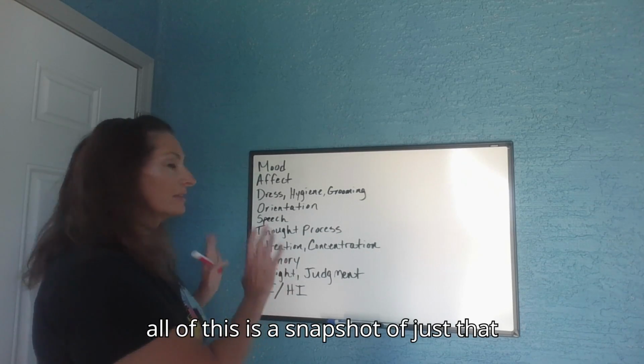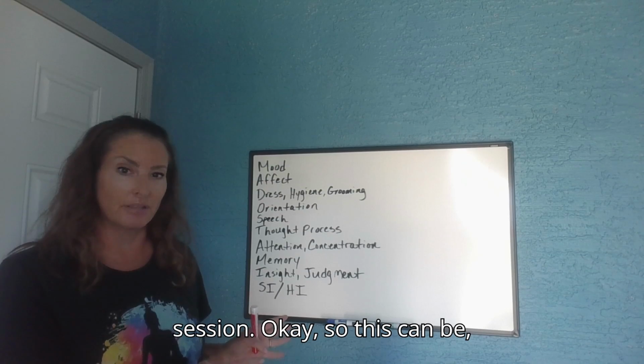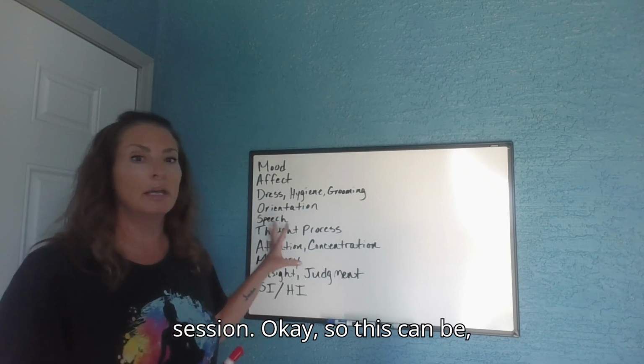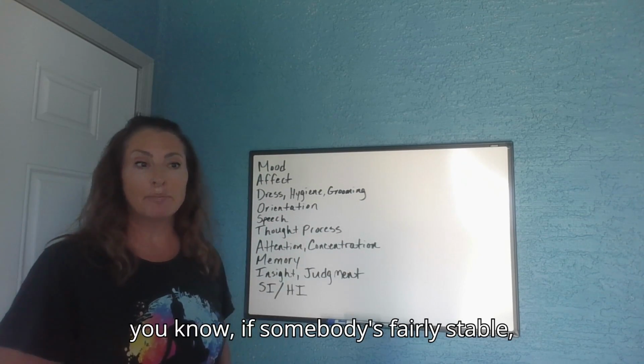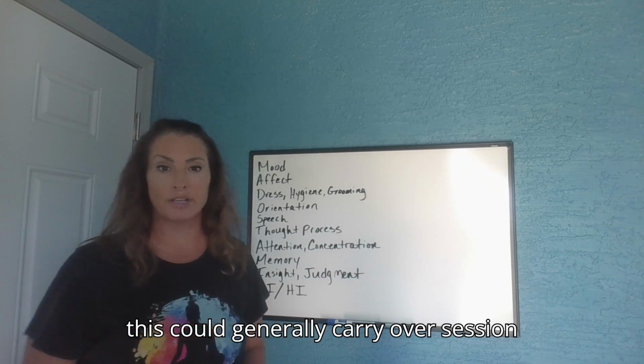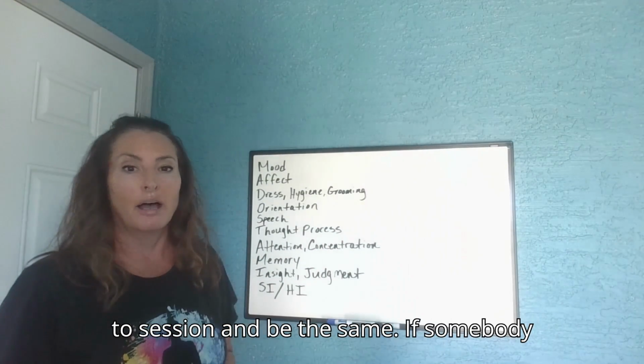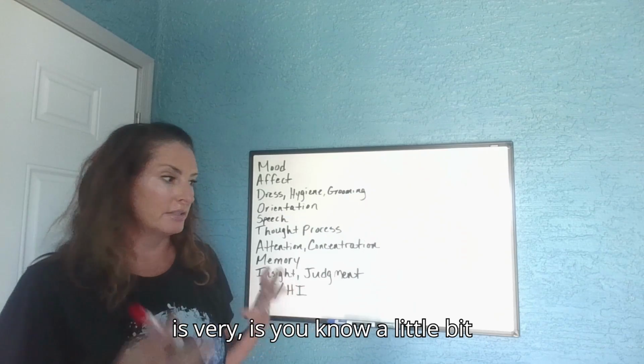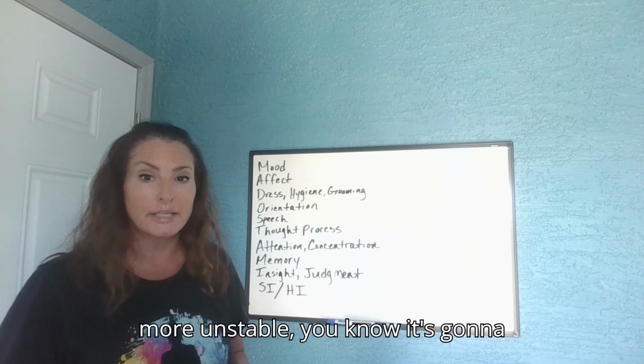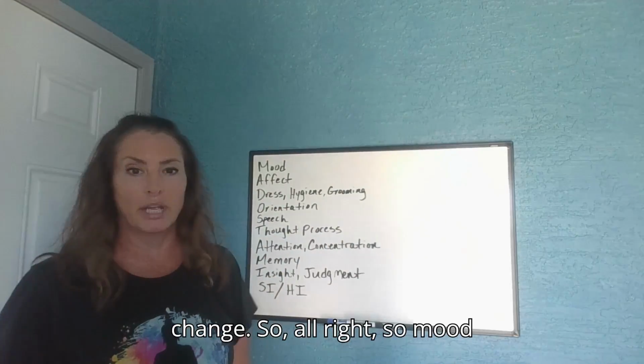And all of this is a snapshot of just that session. So if somebody's fairly stable, this could generally carry over session to session and be the same. If somebody is a little bit more unstable, it's going to change.